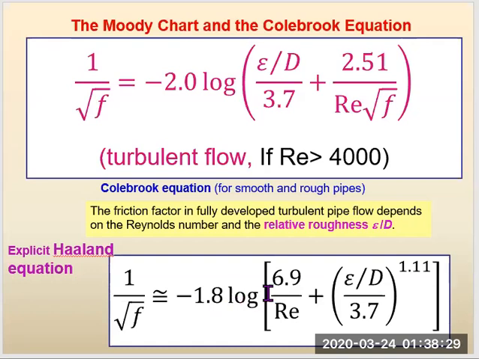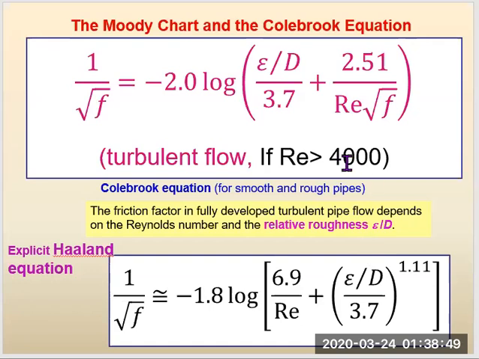Then negative 1.8 times log of 6.9 over Reynolds number, so you need to calculate the Reynolds number, plus epsilon over diameter, D being the diameter obviously, divided by 3.7, all to the power 1.11.